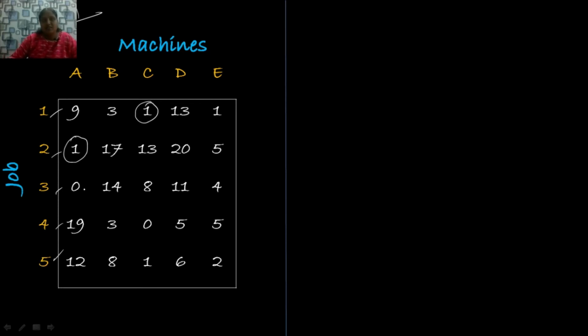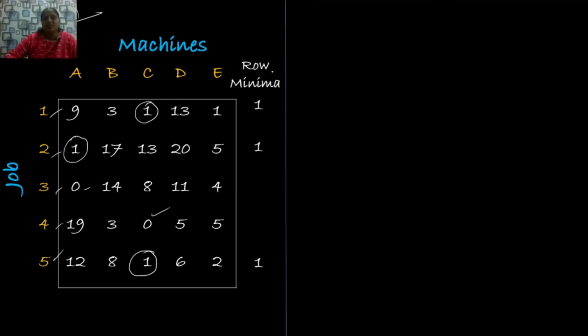The third row has a 0 element, so leave this. The fourth row also has a 0 element, leave this. And the last row doesn't have any 0 element, so pick up the minimum element, that's 1. If a row doesn't have any 0, we subtract the minimum element of its row from its corresponding row entries. So we write down the row minimum for each row.